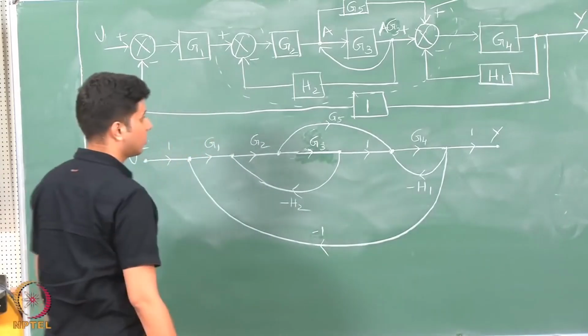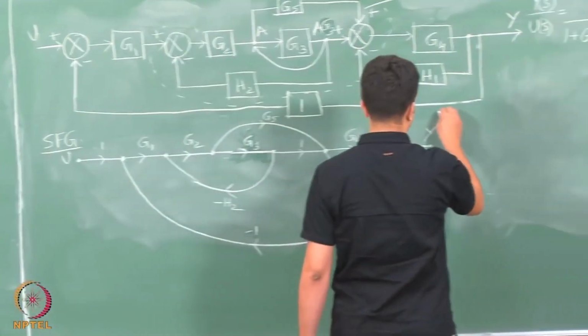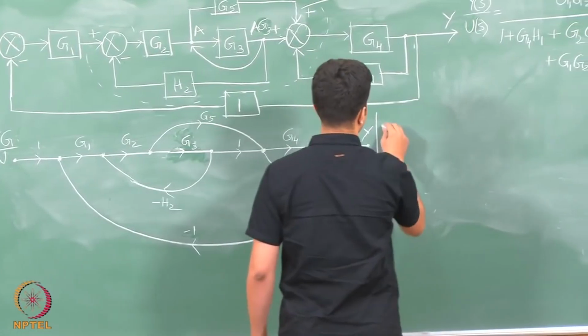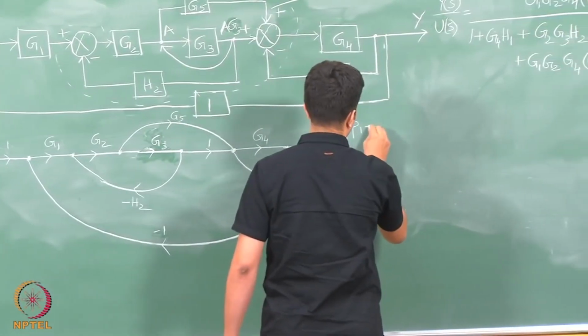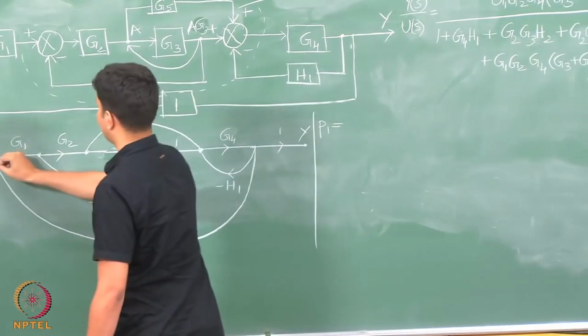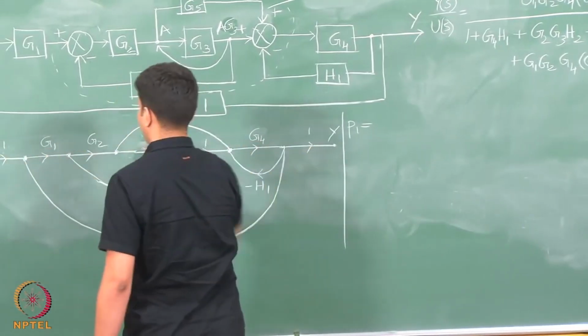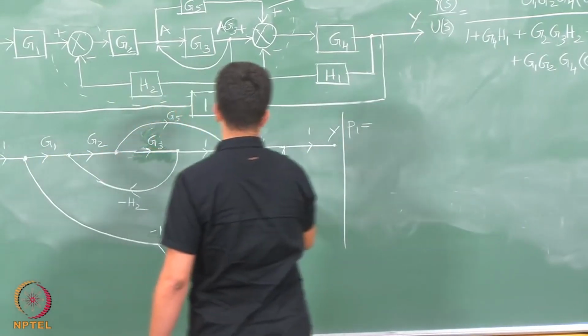To begin with, what are the forward paths? One clear forward path is from u to y. When we go, we have G1, G2, G3, G4.